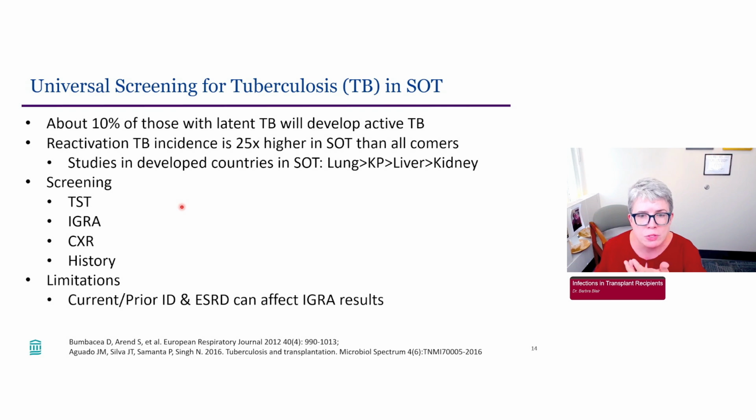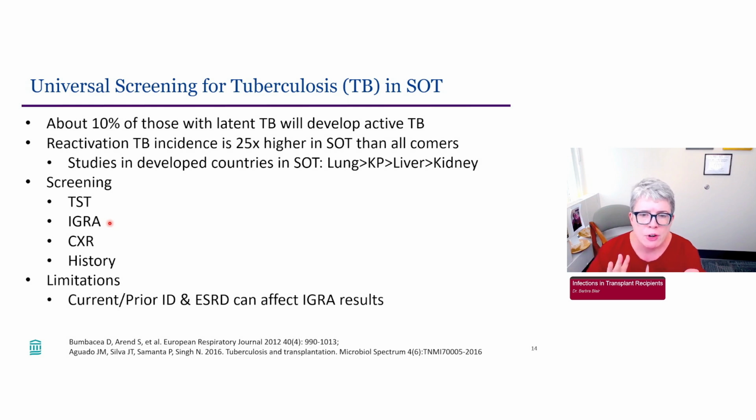For screening, most of us now do interferon gamma release assays. But even in the setting of negative testing, as you know, with end-stage renal disease, by the time patients are presenting for their transplant evaluation, they may have relative immune suppression and may have a false negative or indeterminate interferon gamma release.